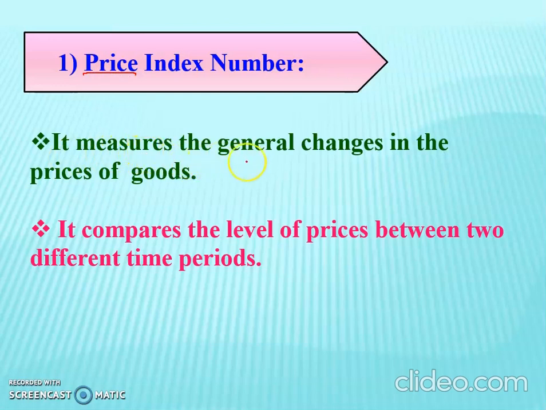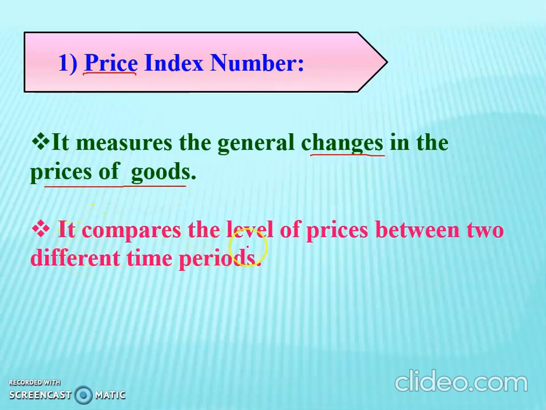It measures the general changes in the price of goods. Index numbers obviously study changes taking place in an economic variable. Now here the economic variable is price. So when you are calculating the changes in prices of goods, it is known as price index number.